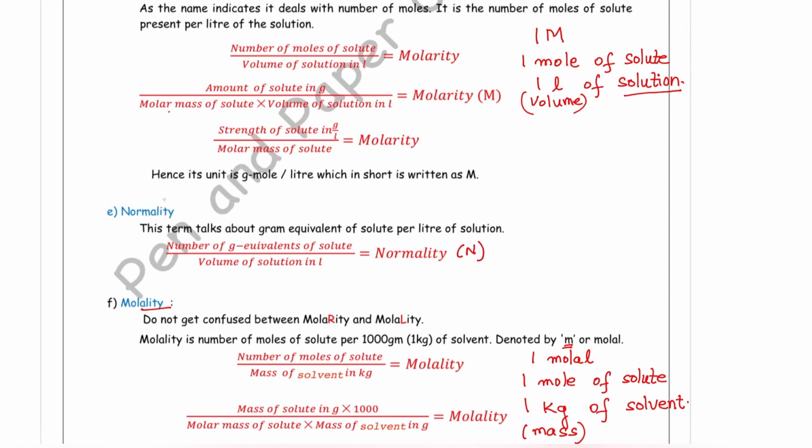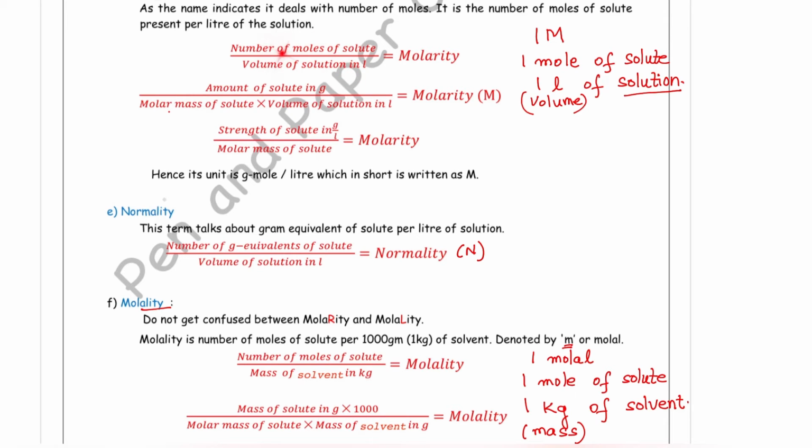So let us now further expand on the formulas that we have given over here. Molarity, denoted by capital M, is the number of moles of solute present in 1 liter of the solution, or if you have the solution at any other value, then you will simply divide to determine it per liter.